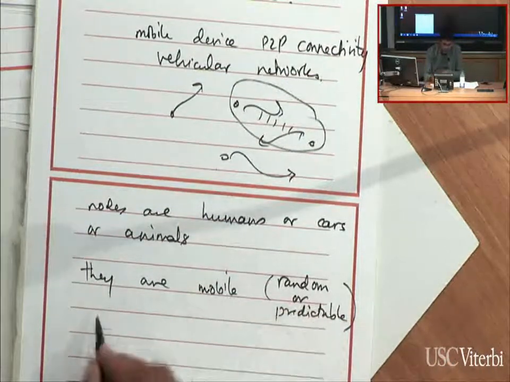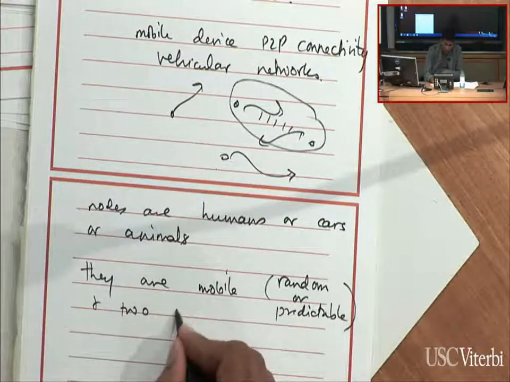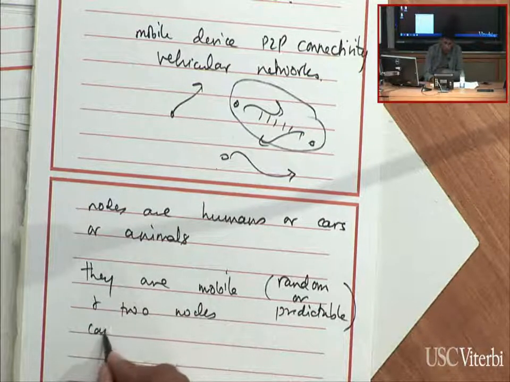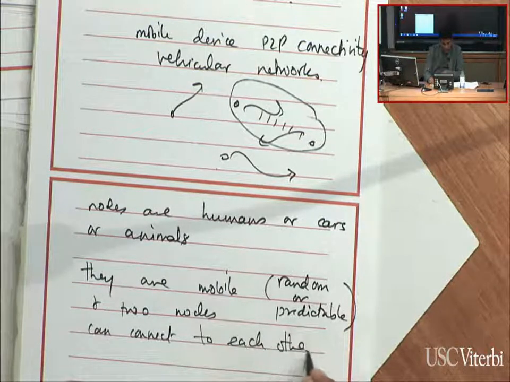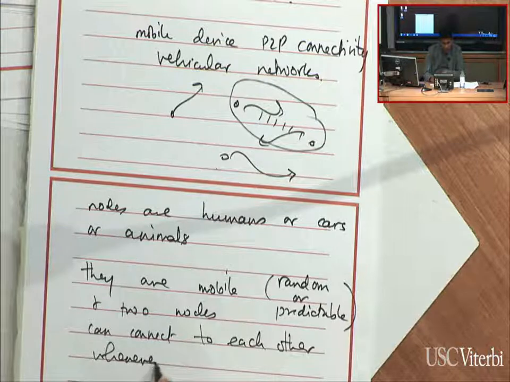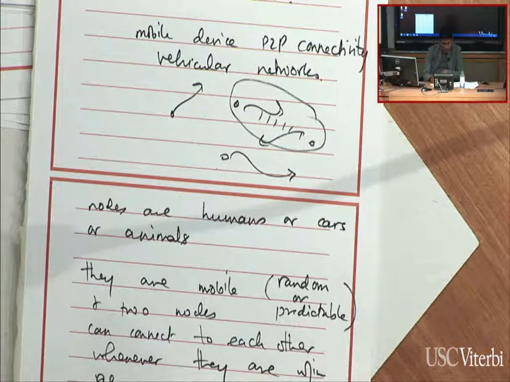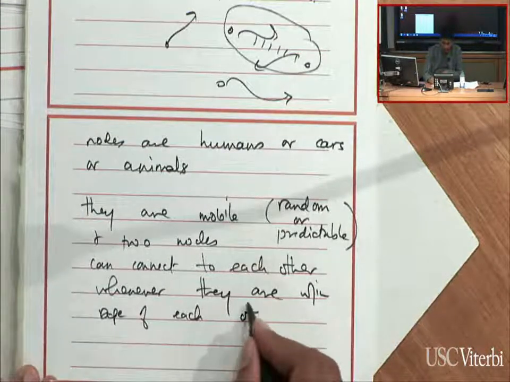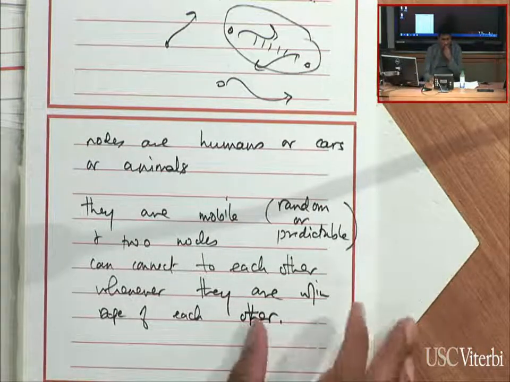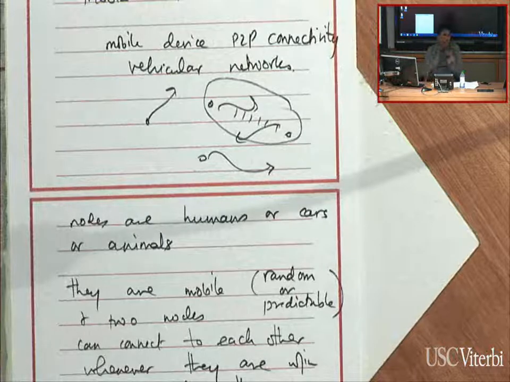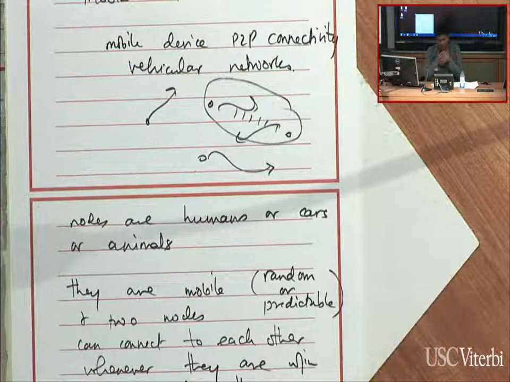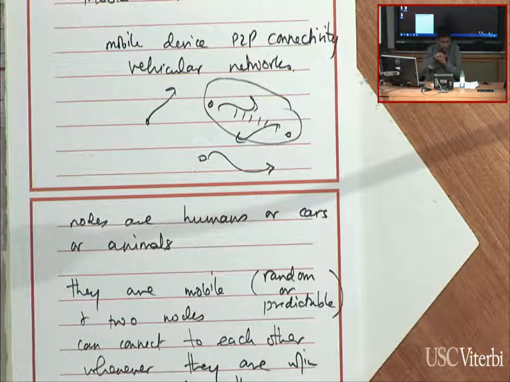In either case, they're mobile, and two nodes can connect to each other whenever they are within range. So in the ZebraNet study, for example, if two zebras happen to get within a few tens of feet of each other, they're able to talk to each other.